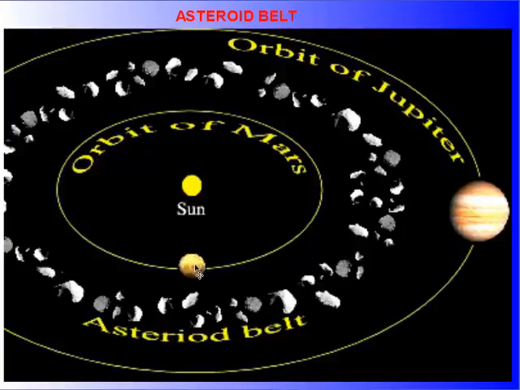So this is Mars, the orbit of Mars, and this is the asteroid belt. That is where most of the asteroids are found, and this here is Jupiter. So we say that most of the asteroids are found between Mars here and Jupiter. So in the middle here, that is what we call the asteroid belt.